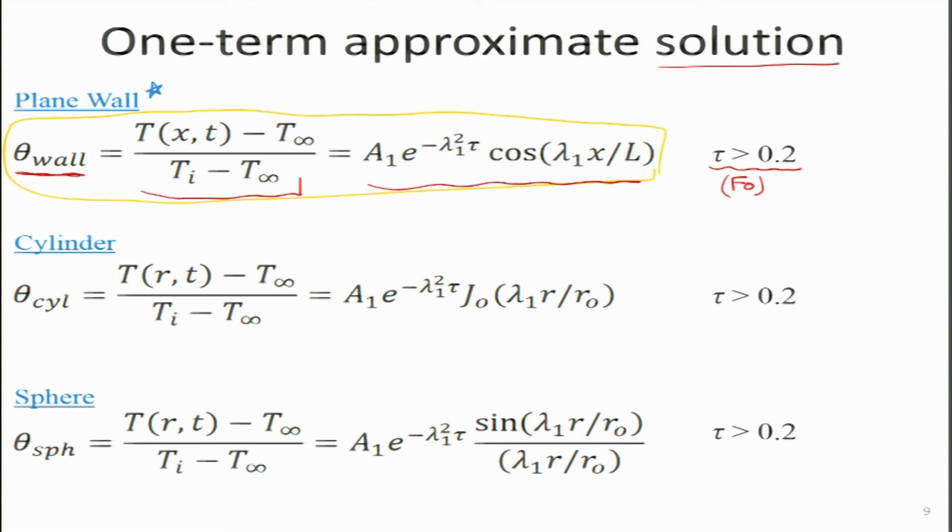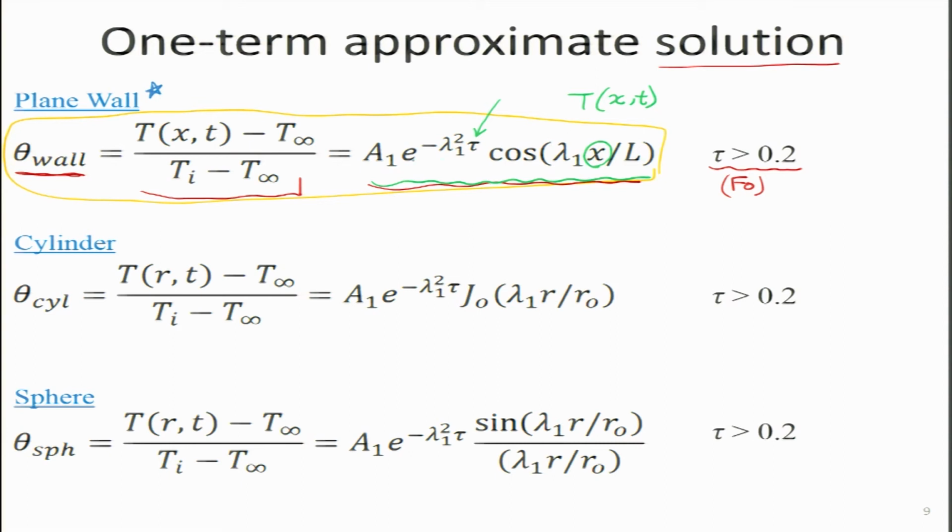In this expression we can see the distance variable x, and we also have time tau. So this is essentially the solution that we were looking for. In non-dimensionalized form, this equation highlighted in green and red color is simply the solution of temperature inside the wall at different distances and different times.